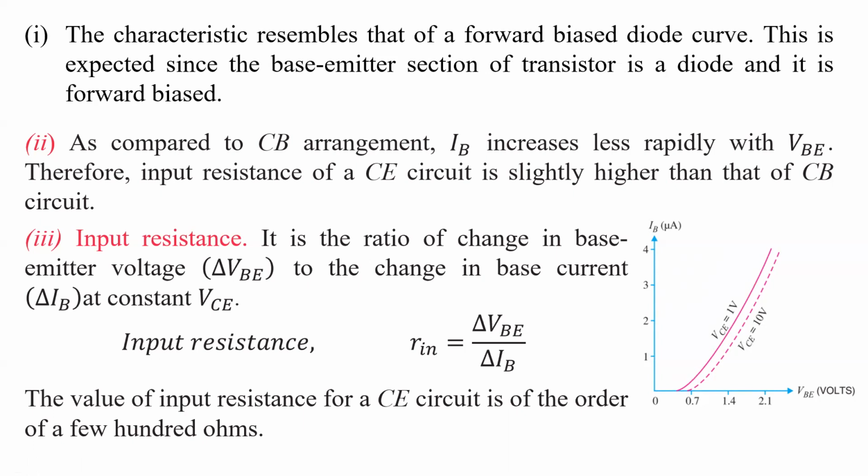Compared to the common base mode, it is slightly higher, but still very small. That is one of the characteristic properties of the transistor when it is connected in common emitter mode.